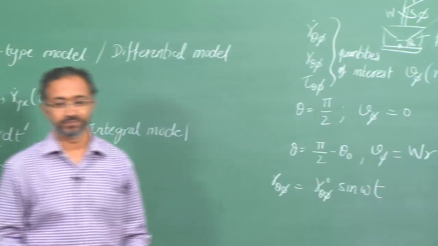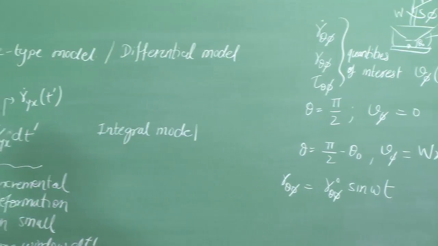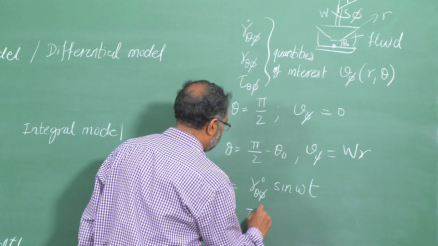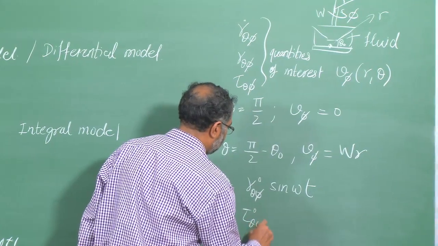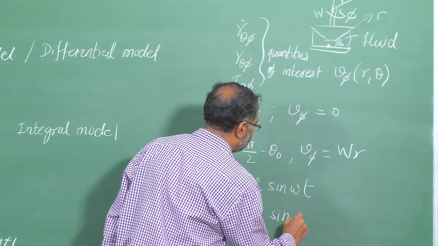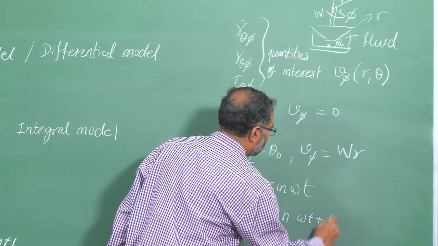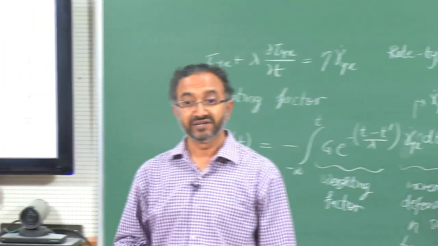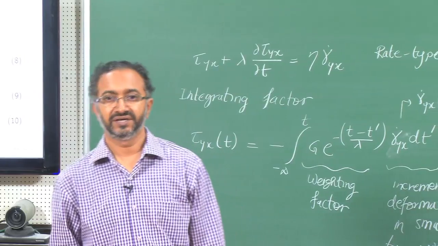And so, given that we are imposing a sinusoidal strain on the material, the general stress response would also be a sinusoidal function, and in general that will be a sine function, most generally any function, and it may or may not be in phase with the input.